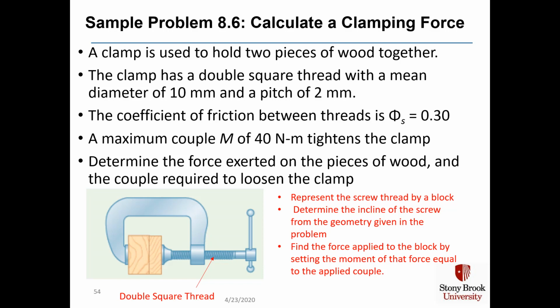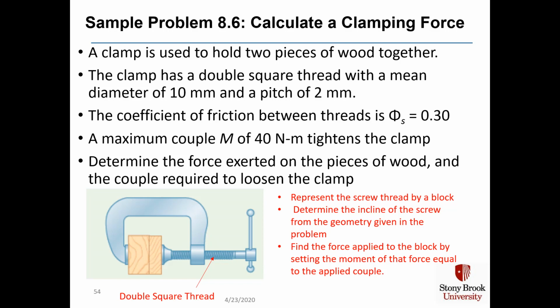The coefficient of friction between threads is μs = 0.3, and a maximum couple M of 40 Newton meters tightens the clamp. Your job is to determine the force exerted on the pieces of wood and the couple required to loosen the clamp.